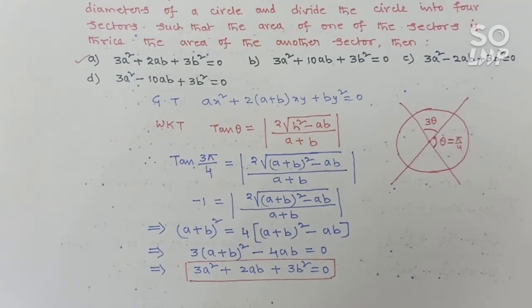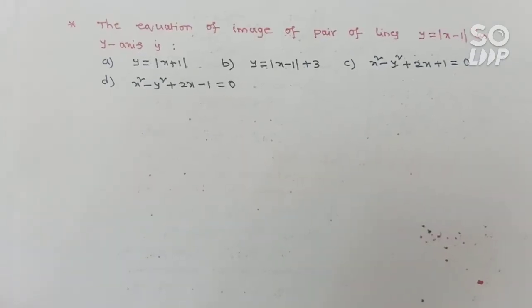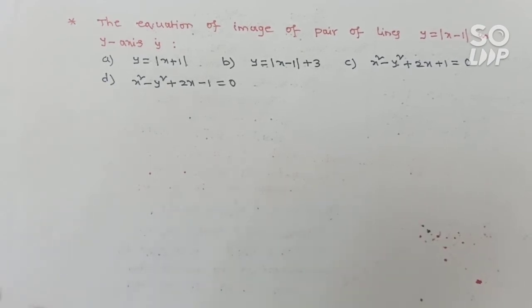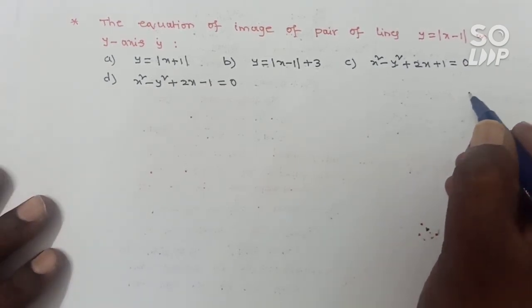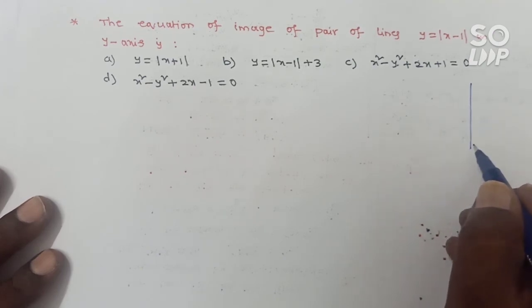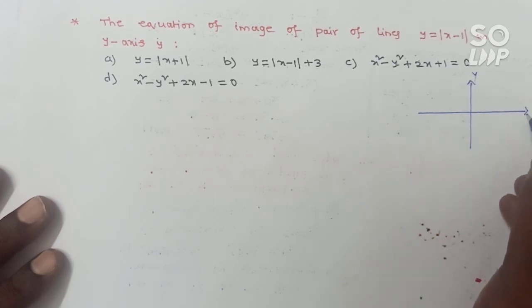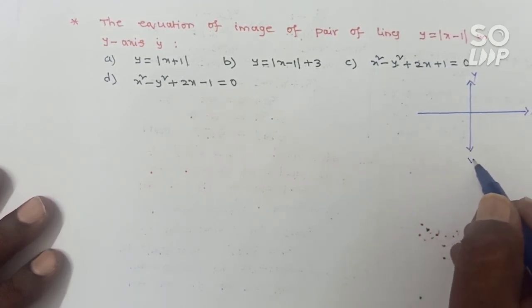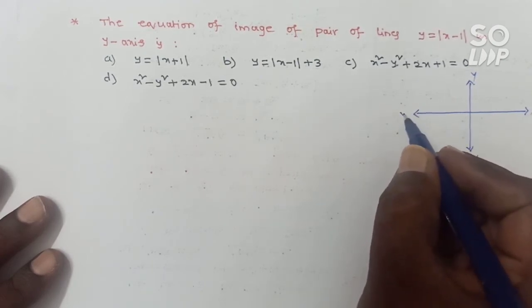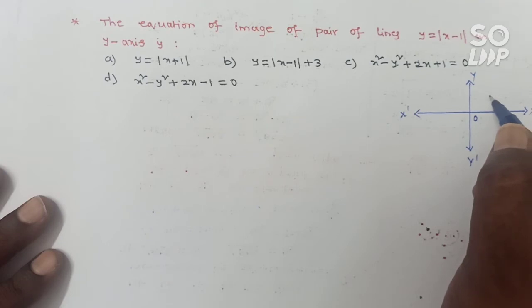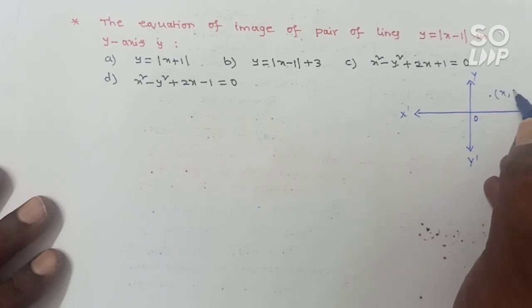Okay. Now we'll see one more question. See this problem. In this one, first you understand that image of any curve with respect to y-axis, image of a point, first you understand that fundamental concept. This is the xy plane. Now suppose you take any point x comma y.